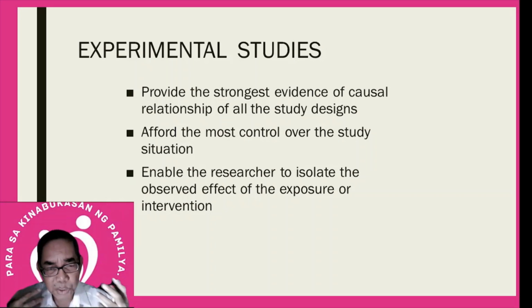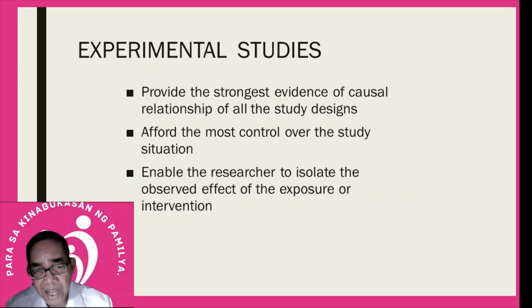The experimental studies provide the strongest evidence of causal relationship of all the study designs that we have mentioned. Even among observational studies, the one that provides the strongest evidence of causal relationship is the cohort study, but an experimental study provides even stronger evidence than a cohort study because it affords the most control of the study situation.